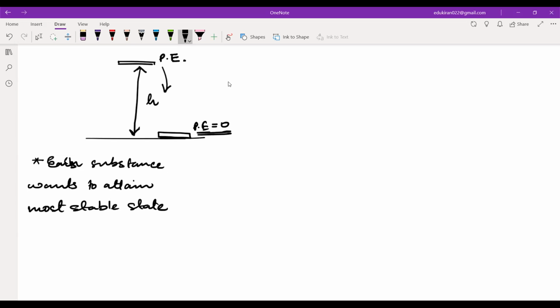It is equal to 0. So we can say that stability is inversely proportional to energy. Right, guys? Yes or no?